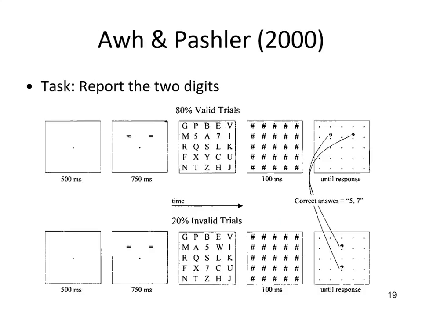So this is the experiment that they've run. We usually, in this kind of attentional studies, have one cue, and then attention will go to that cue, because that cue is usually helpful.